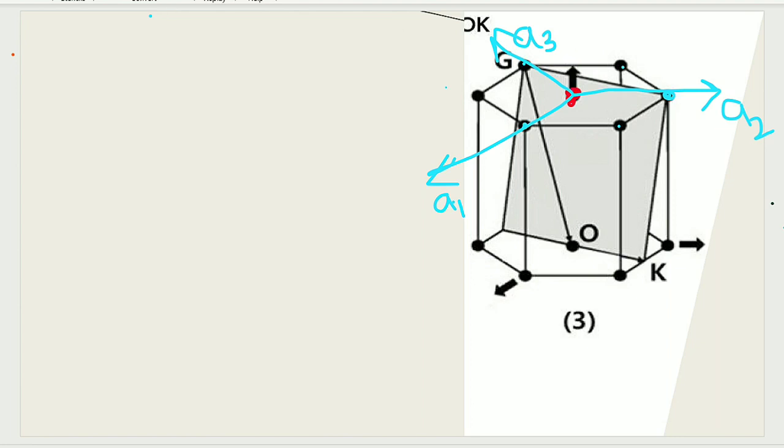I am just drawing it vertically downward because we can see the negative z axis is passing through the plane, intersecting the plane at point O. It will help us to determine the z-intercept, that is why I'm mentioning it.